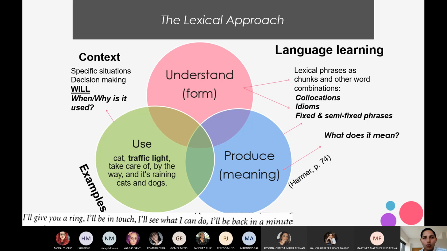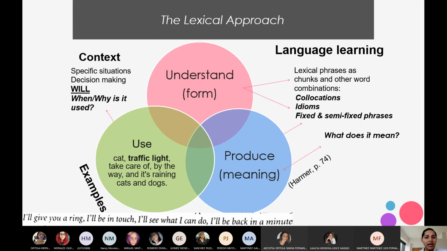Take another example, will. Will is usually thought for future, right? Future simple, for instant decisions at the moment of speaking, etc. According to the lexical approach, will should be taught by fixed phrases and semi-fixed phrases, such as situations where the use of those phrases is suitable.